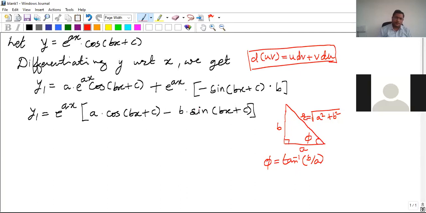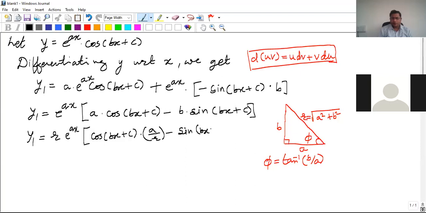What if I divide this expression and multiply it by r? I'll have y1 is equal to r times e raised to ax, into cos of bx plus c times a by r, minus sine of bx plus c times b by r. Considering the geometry of this triangle, what will be b by r and what will be a by r?